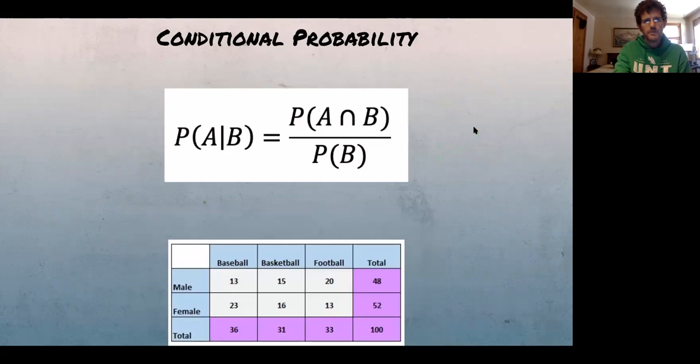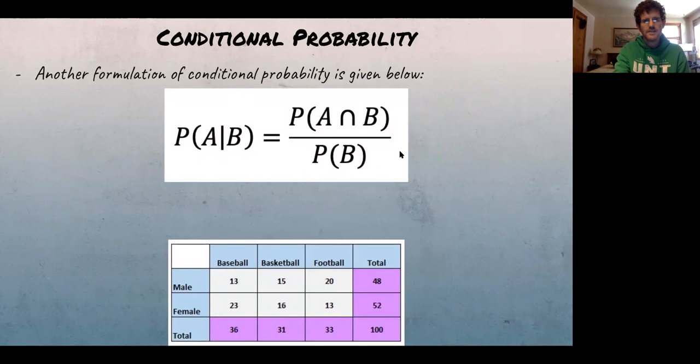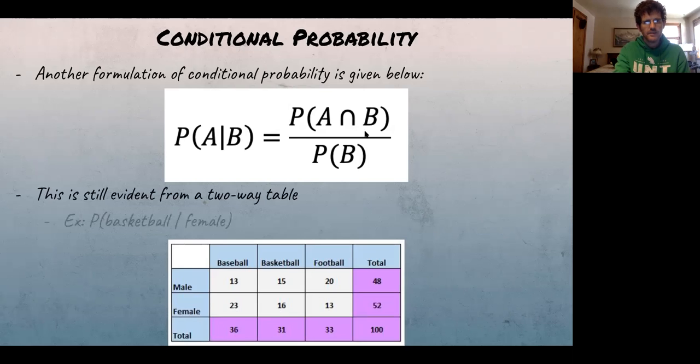Now, conditional probability, the probability of A given B. Another way of talking about this is the probability of A and B over the probability of B. So here we go: the probability of liking basketball on the condition of being female. So let me see, I should have some arrows.